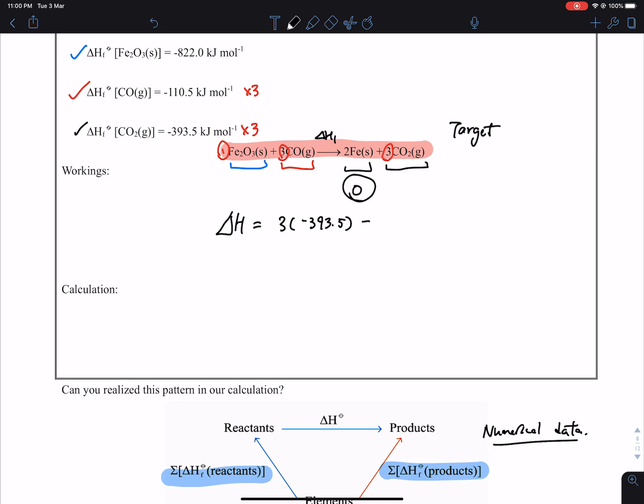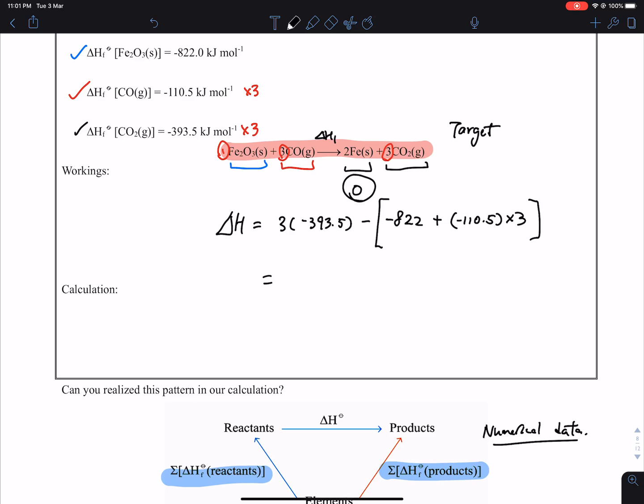This is quite easy to make mistakes. So don't forget to use more brackets for that one. So Fe2O3 will be negative 822, and then plus the sum of all the reactants, plus CO will be negative 110.5 times 3. Don't forget to times 3.